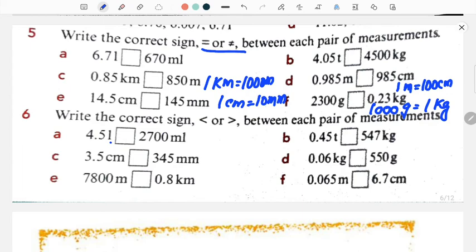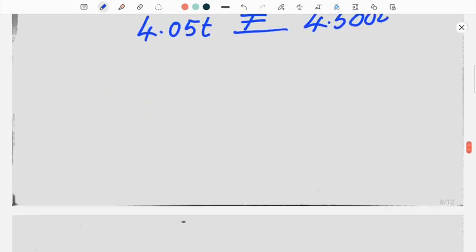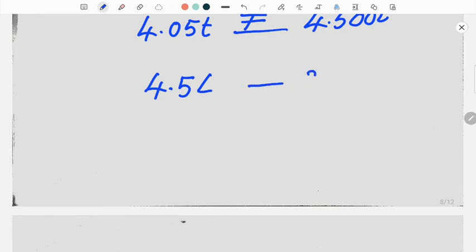So when we are comparing two numbers, make sure that all the measurements are in the same units. So our first question is 4.5 liters and 2700 milliliter.